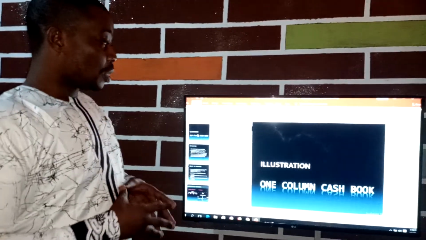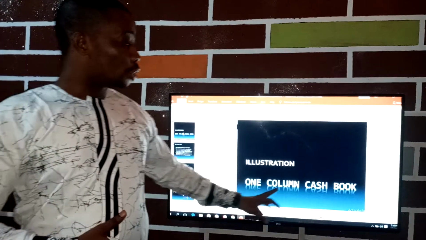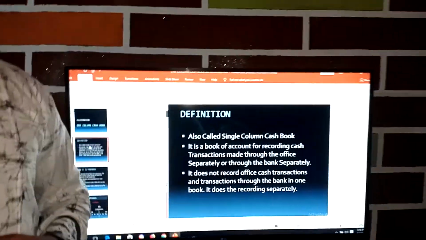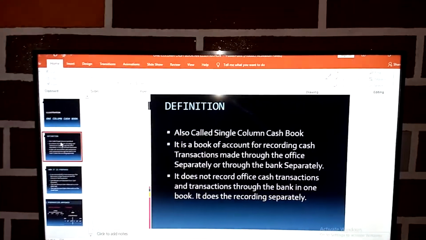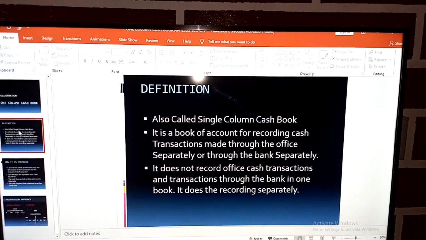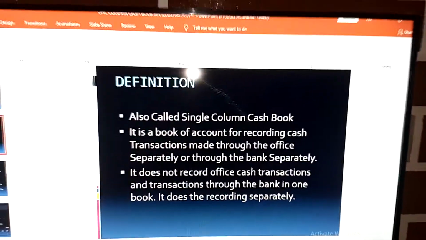That is the reason it is called a one column cash book. So we can simply refer to the one column cash book as single column cash book.